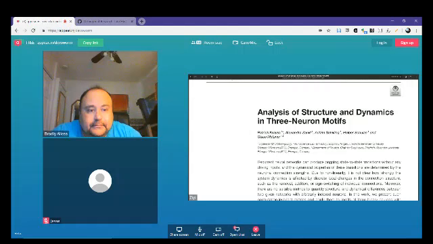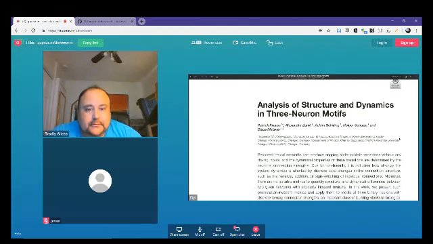What sort of connection patterns or weights can affect the dynamics of neural networks? To approach this question, they use three neuron motifs and define some very interesting metrics for measuring the differences of neural networks and also the dynamics of the neural networks.